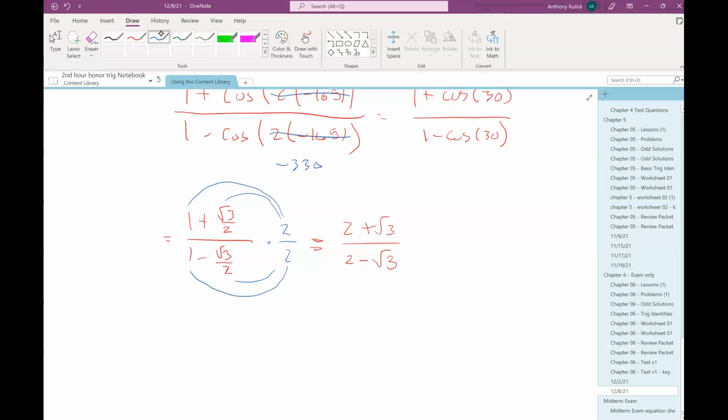The conjugate is the same thing, just the different sign in the middle. So I'm going to multiply the top and bottom by 2 plus root 3. And really I would want to think about these as all having parentheses around them because we're foiling now. Everybody's okay with this?